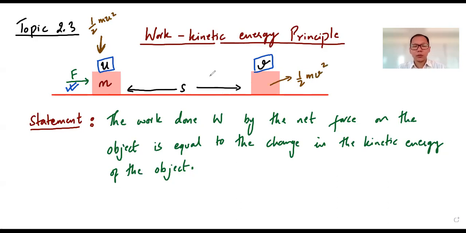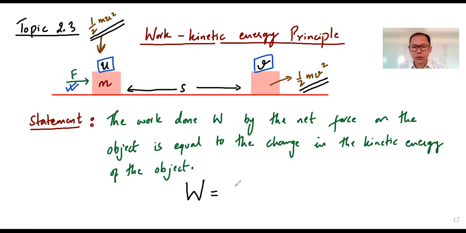So when the net force F does some work on this system, let's say W is the work done by the net force F, that has to equal the change in kinetic energy. The final kinetic energy is 1/2 mv squared, but you already started with 1/2 mu squared.